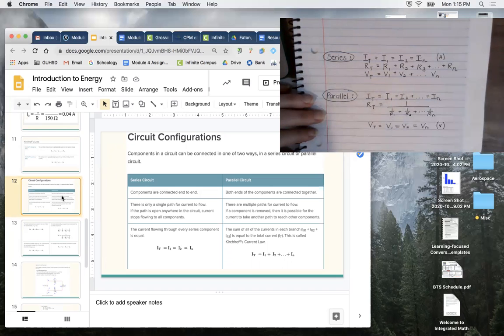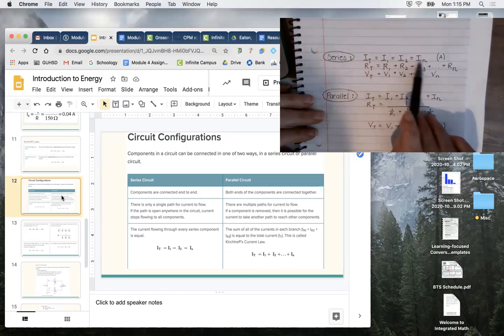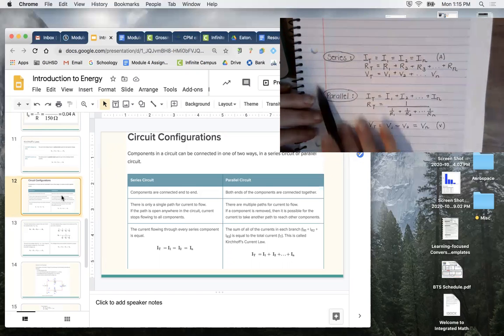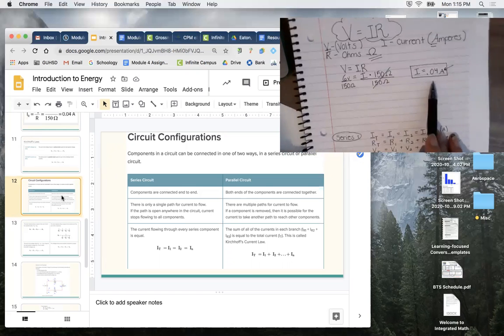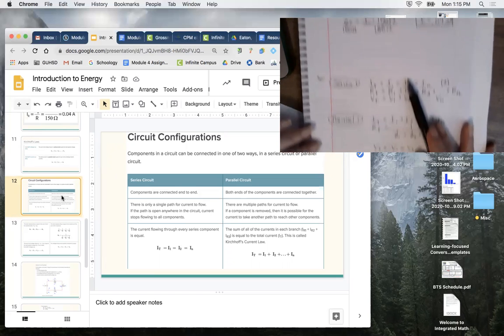Your volts never change. So that's the difference between them. So again, in a series, your current is always going to stay the same. All the way through the entire thing, your current will never change. So when we just calculated, this was a series, it was not parallel. It is 0.04, which means it's 0.04 all the way through the system, okay?